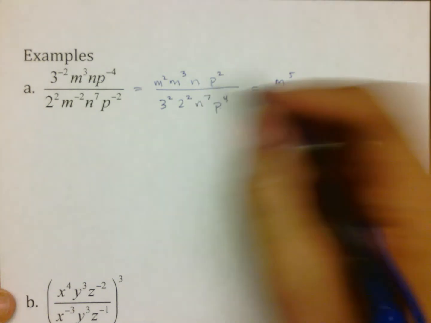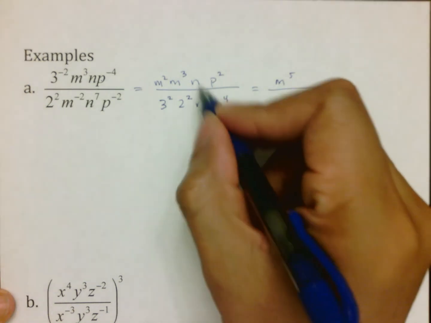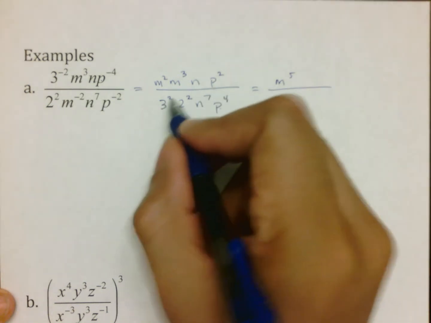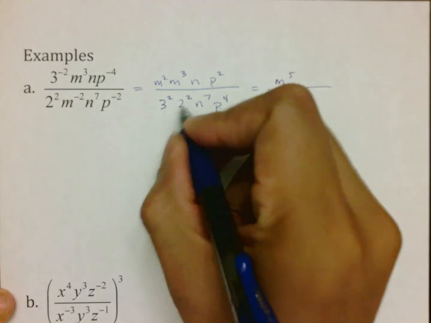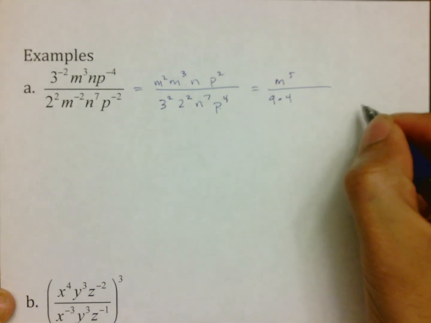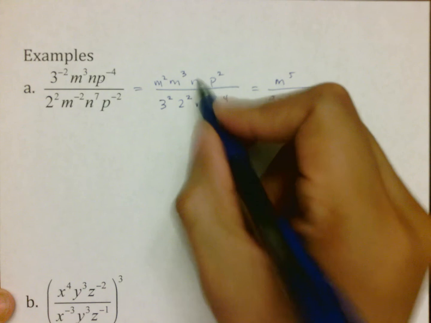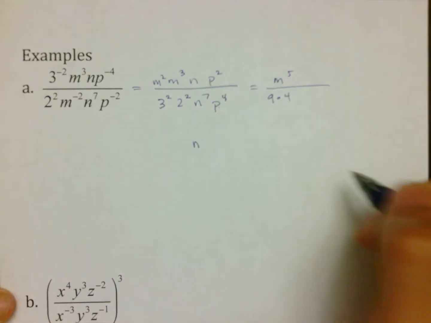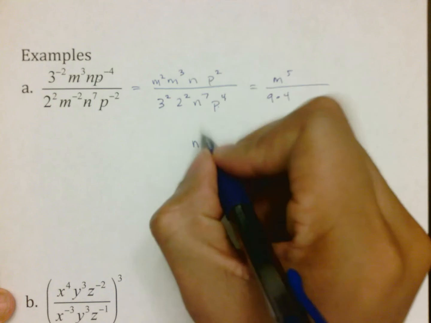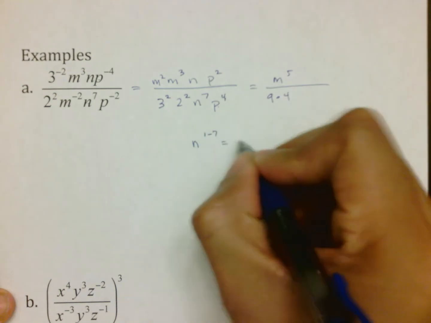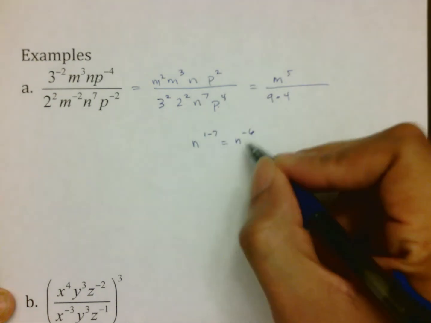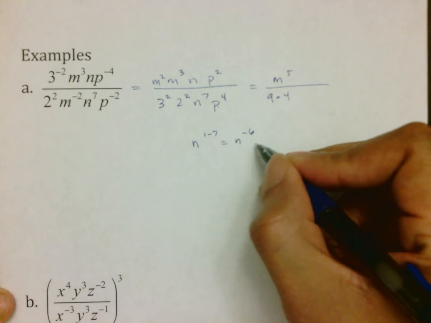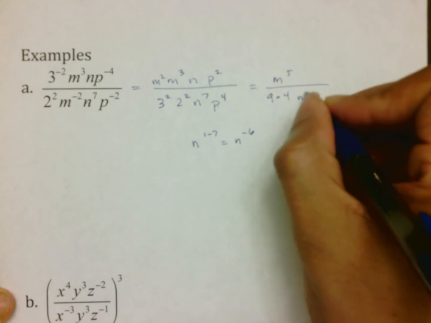In terms of your n's, you're looking at your numbers here. 3 squared you want to turn into a 9. 2 squared you want to turn into a 4. Again, in terms of your n's, what we would do is n to the, and again, here's your scratch work area. This is a 1, so it's actually 1 minus 7, which is n to the negative 6th. And again, the fact that that is a negative 6 means that your n to the 6th goes down here.